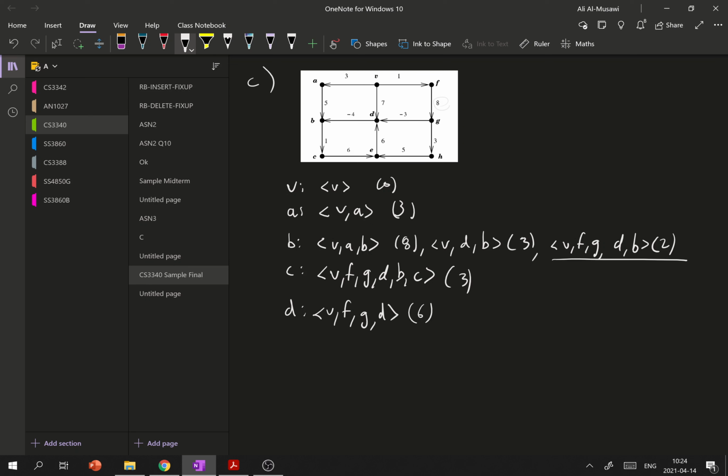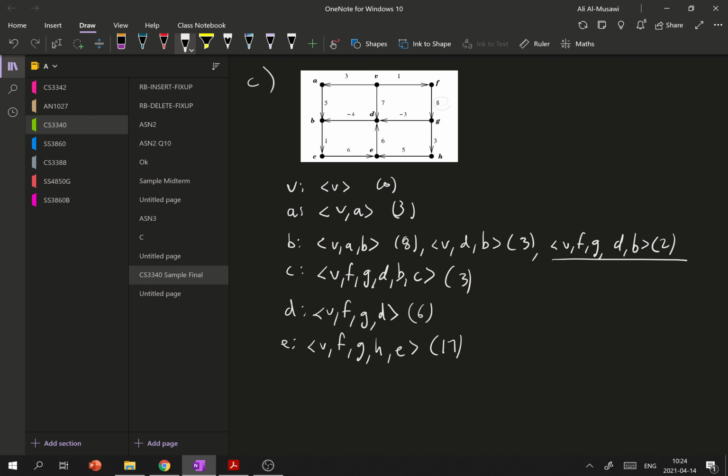2 minus 4, so 2 plus 4, which is 6. Okay, and what about E? To get to E, it's either through C or through H. Through H, that would be V, F, G, H, so 1 plus 8 plus 3, plus 5. The cost is 17, right?